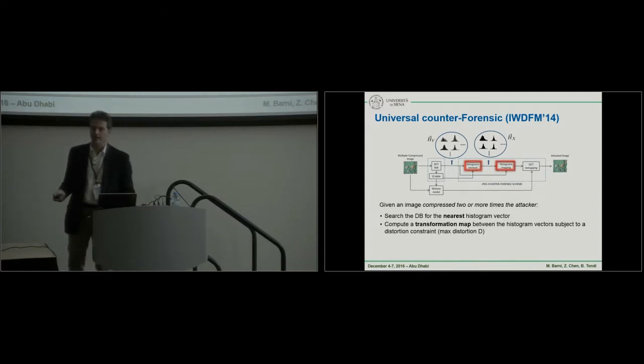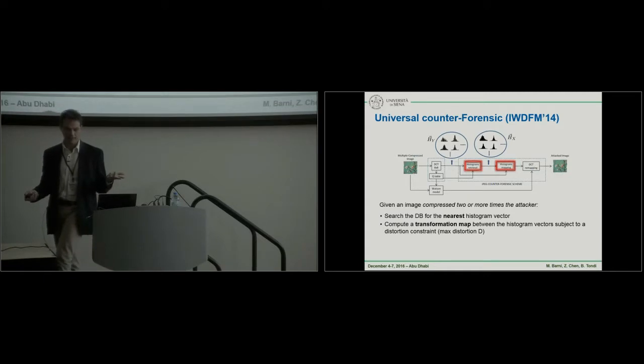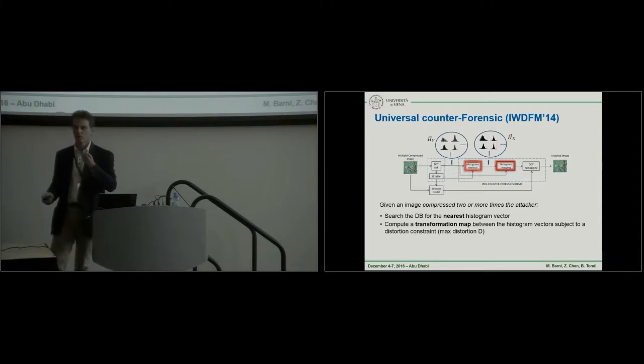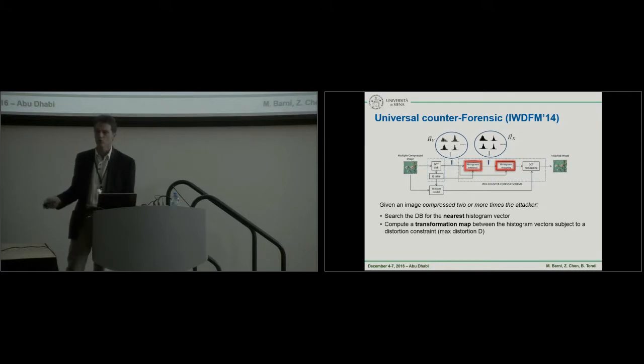Then the attacker computes a transformation map that brings the source histogram of the image under attack as close as possible to the reference histogram he found in the database, which belongs to a single JPEG image. Doing so, he must respect a distortion constraint.